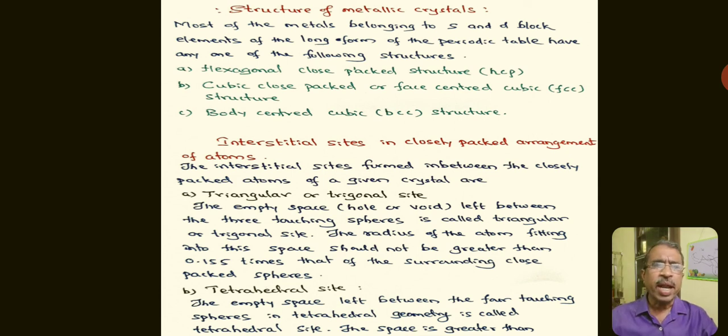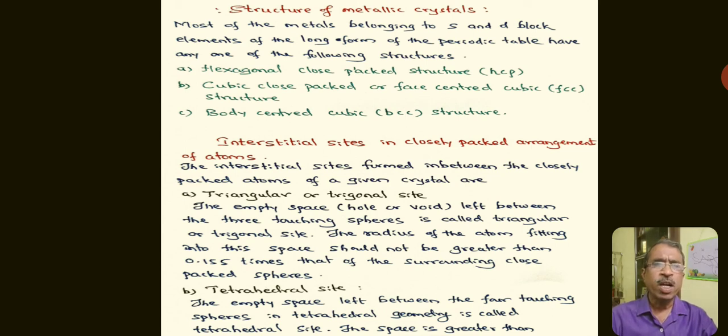Coming to the trigonal site, the empty space left between 3 touching spheres is called the trigonal site. The radius of the atom fitting into this space should not be greater than 0.155 times that of the surrounding close packed spheres.